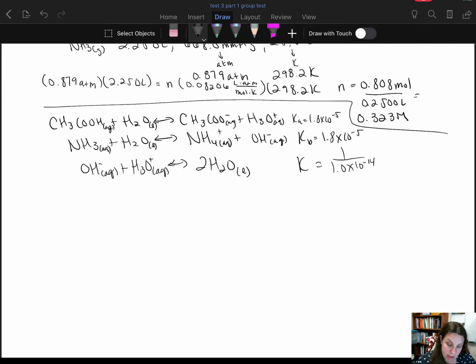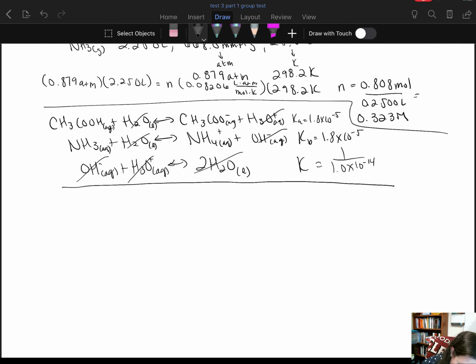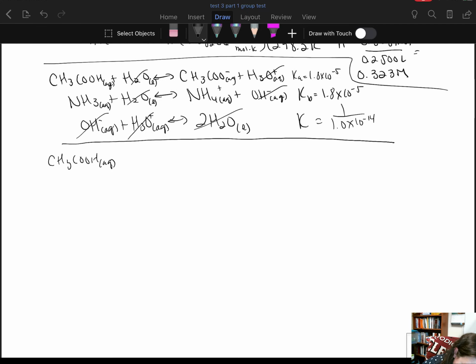Right here. We want to combine these equations. And when we combine them, we multiply our K values. We cancel out our hydronium, cancel out our hydroxide, cancel out our waters, and we get CH3COOH plus NH3 goes to CH3COONH4.